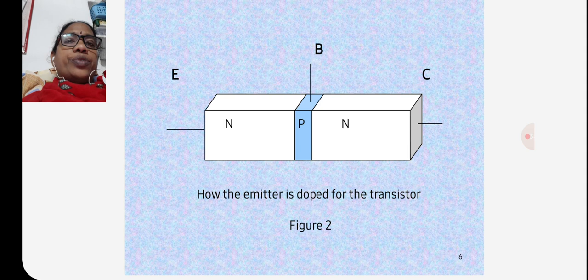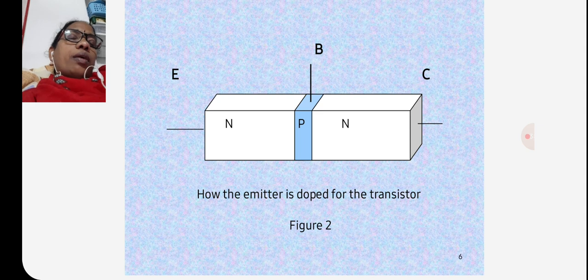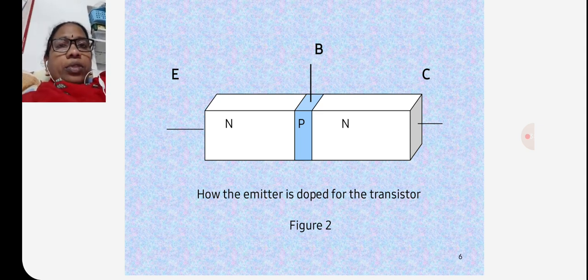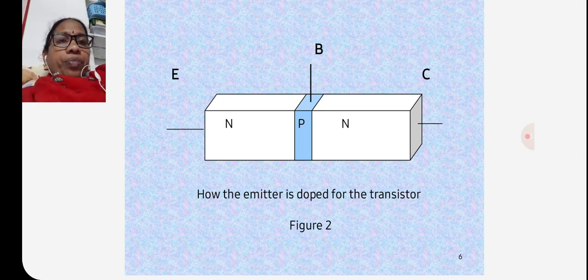There are two N-type materials with a single P-type material between them. One N-type material is connected to the emitter terminal, the other N-type material is connected to the collector terminal, and the middle P-type material is connected to the base terminal. This is the NPN transistor.